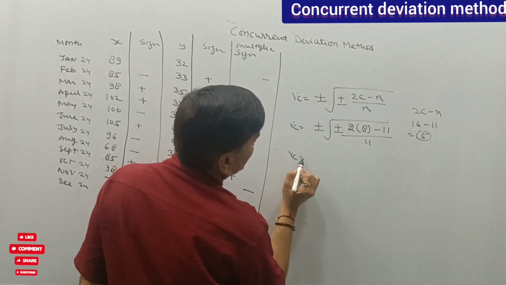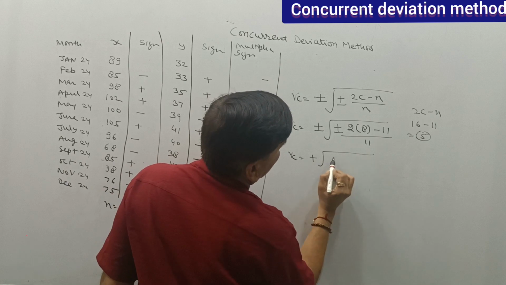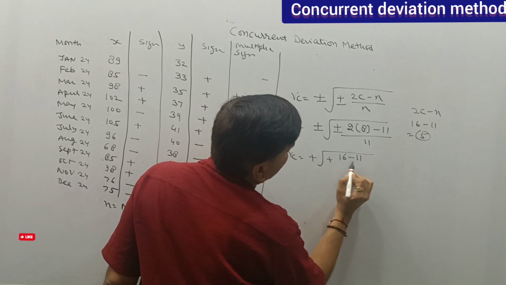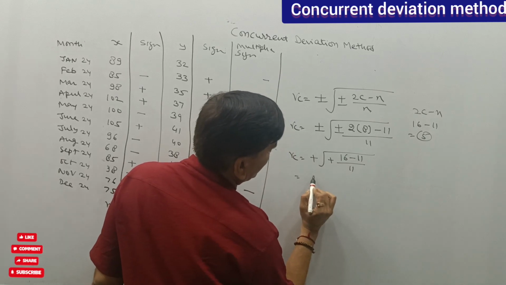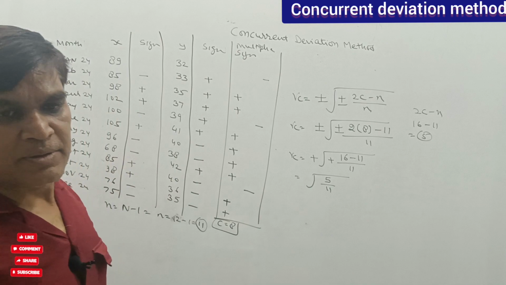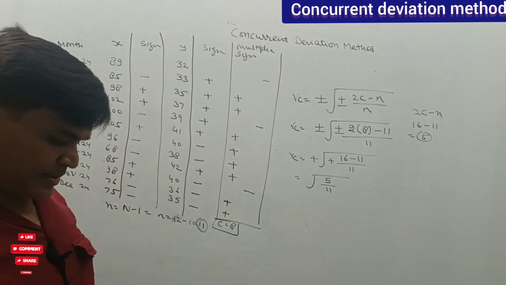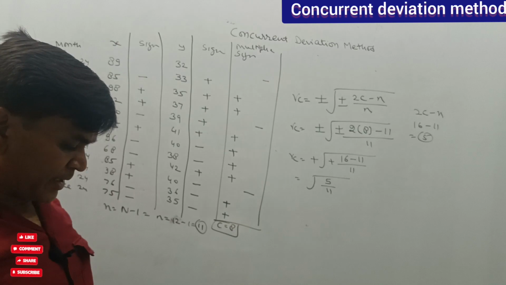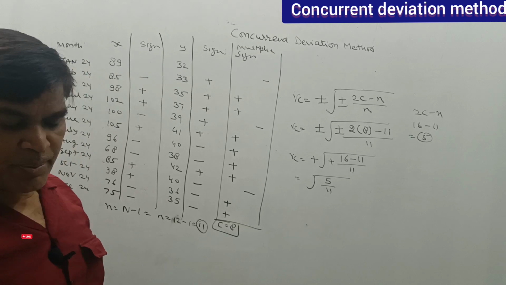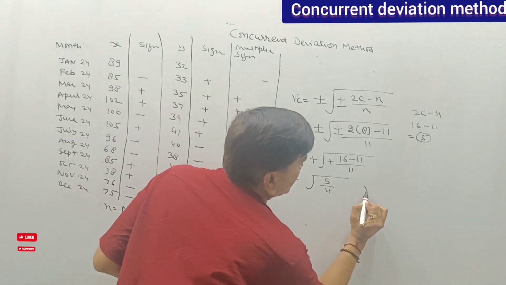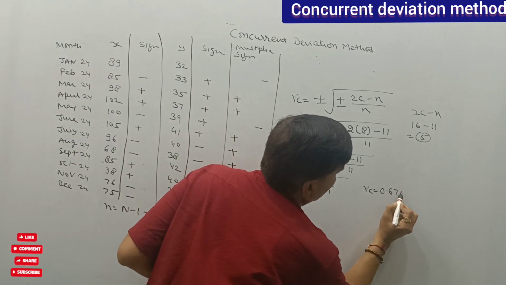So we will keep plus. 16 minus 11 upon 11 gives 5 upon 11. For the correlation, we take the under root of 5 divided by 11, which is 0.674. So the result of the correlation is 0.674.